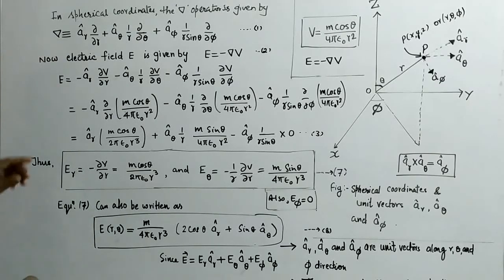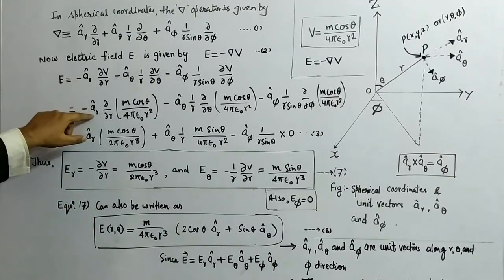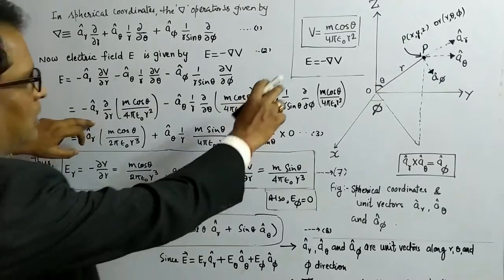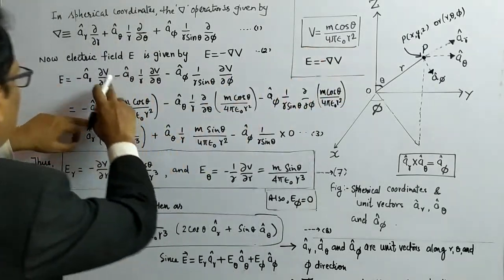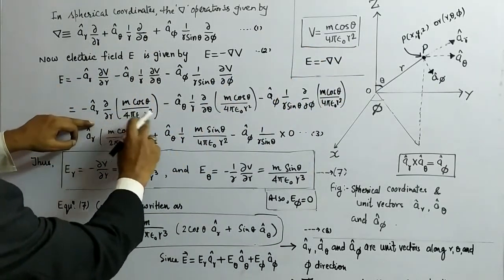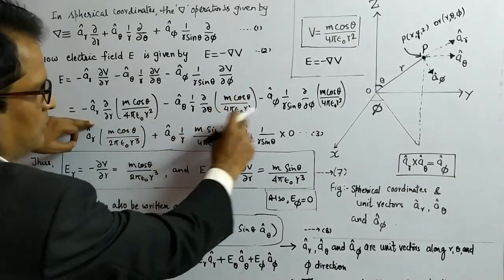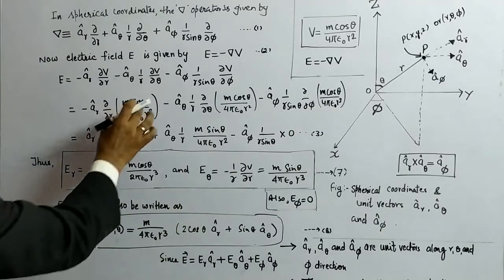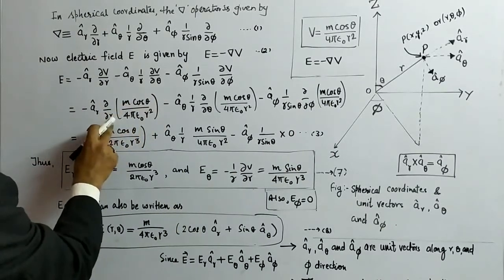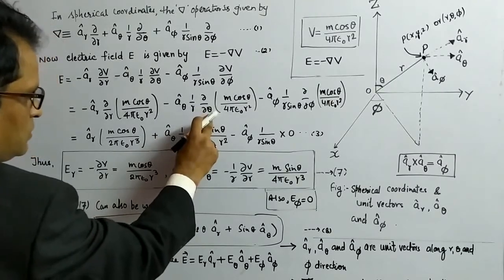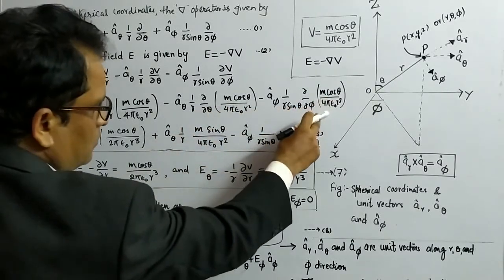So the first term is minus Ar unit vector, the radial component, and del r. First I'll put the value of V over here. V is m cos theta upon 4 pi epsilon naught r square, the same here, the same here. So this term I have to differentiate with respect to r, this term with respect to theta, and this with respect to phi.